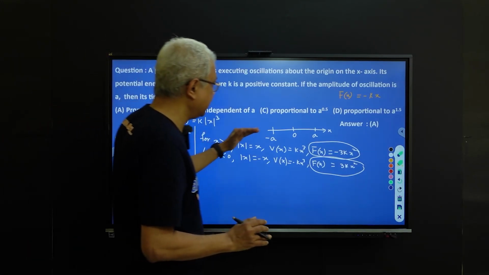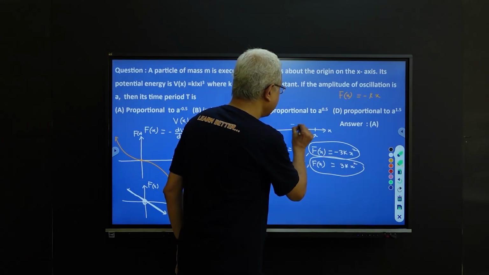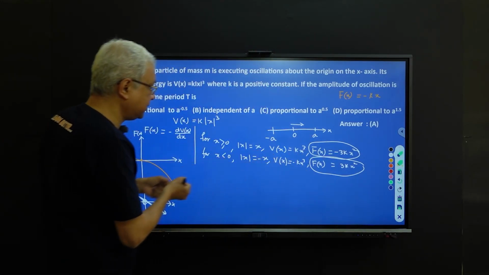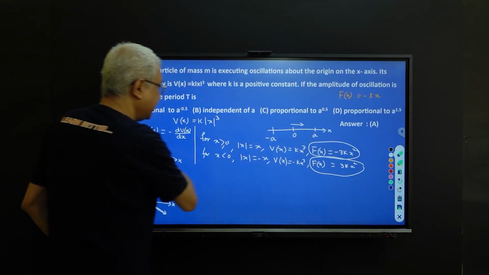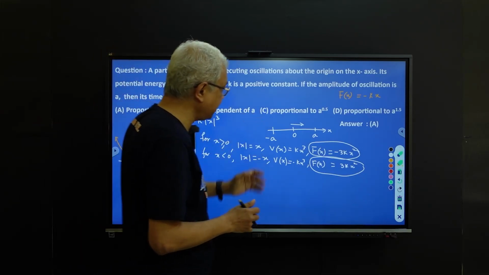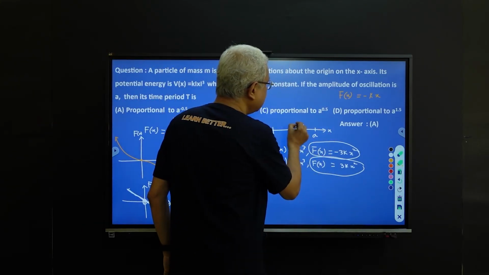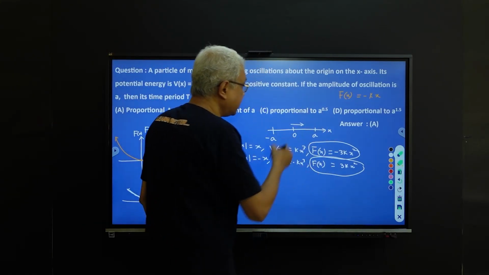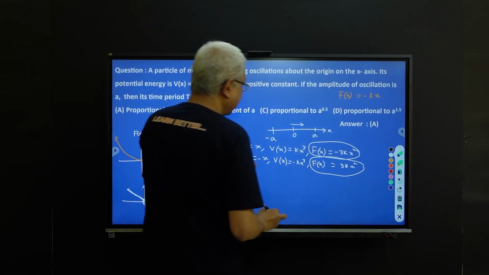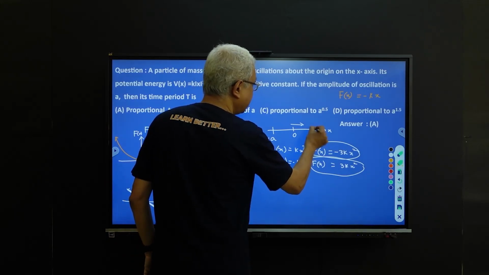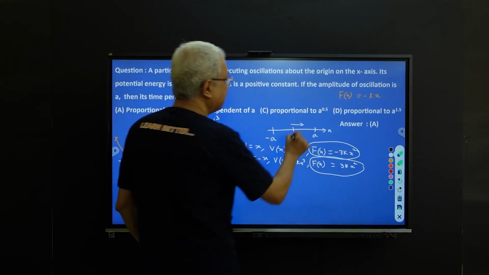As the particle moves in this direction, there is a force acting on the particle in the negative x direction, and as a result, the particle acquires a retardation sort of thing, and its velocity reduces, and when it reaches this particular point, extreme point, its velocity becomes 0.